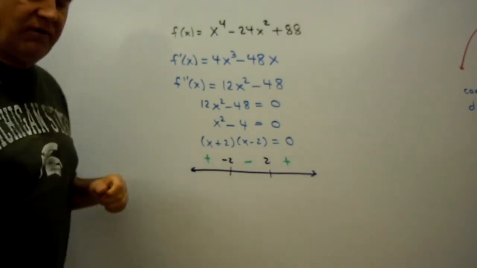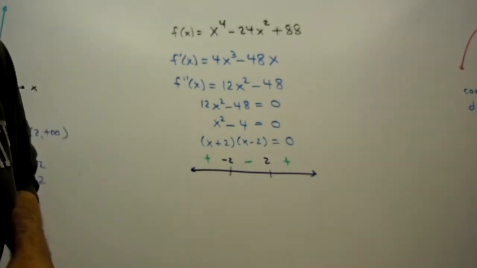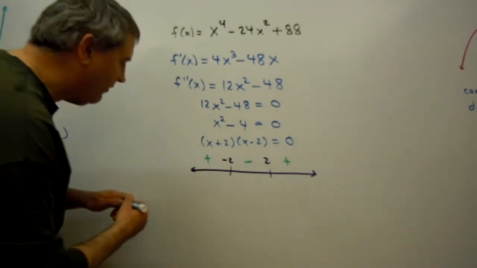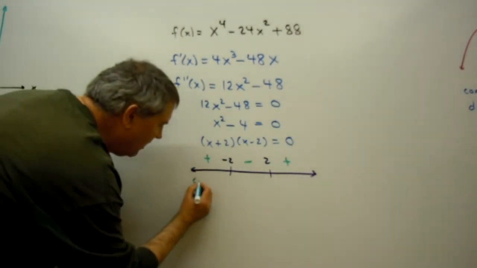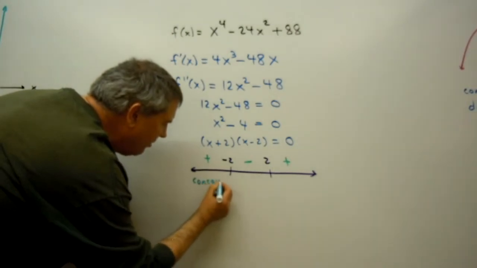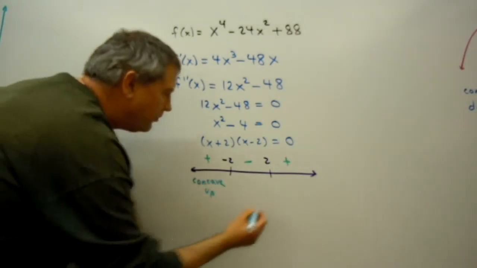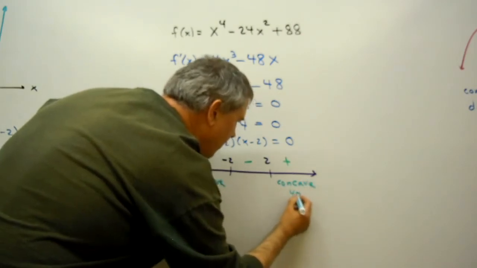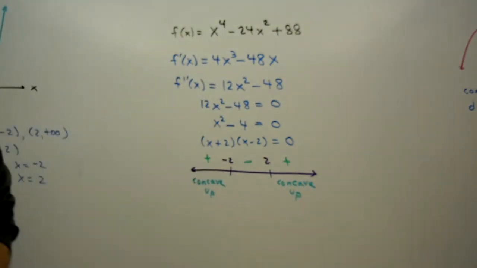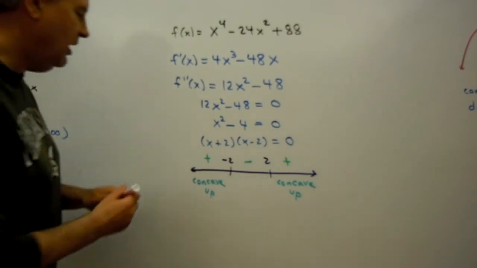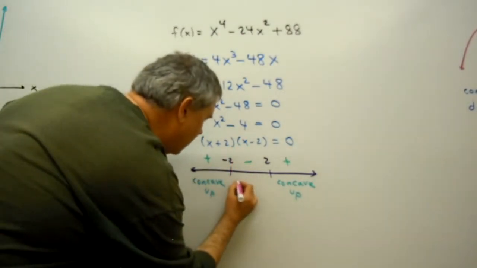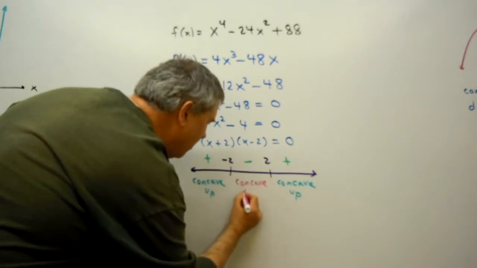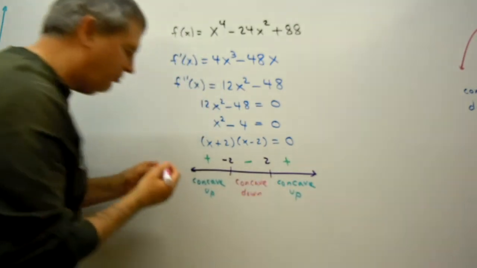What the second derivative is going to tell us about a graph is intervals where the function's curvature is concave up, and where the second derivative is negative in that interval, the shape of the graph is going to be concave down.